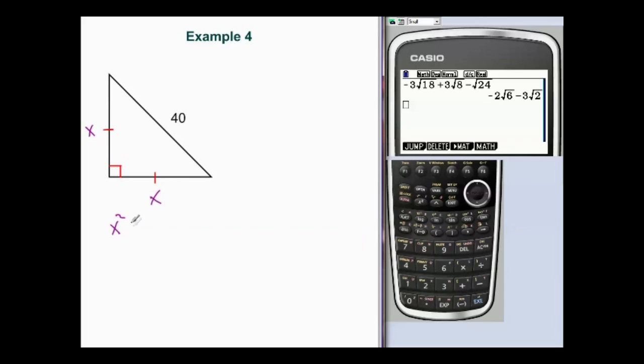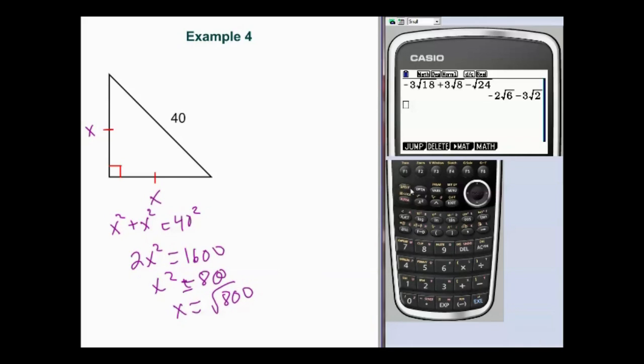X squared plus x squared is equal to 40 squared. And that's just 2x squared is equal to 1600. X squared is equal to 800. Did you see that? I just divided by 2. And then x would equal the square root of 800, whatever that is. That would hurt my brain, so I would just go over here and shift.